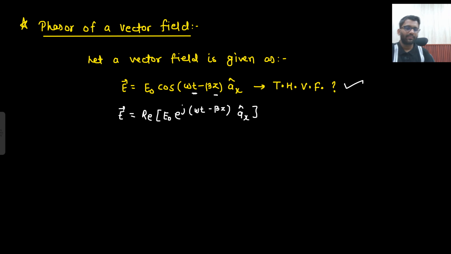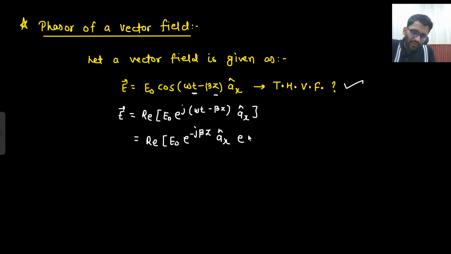Do you agree to this point? Because e to the power j theta, what is the real part of that? Cos theta only. E naught is constant, ax cap is also constant, so I have taken them inside. Now can I break it down like this: E naught e to the power minus j beta z ax cap, times e to the power j omega t.